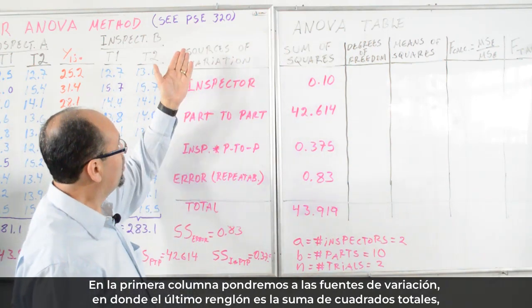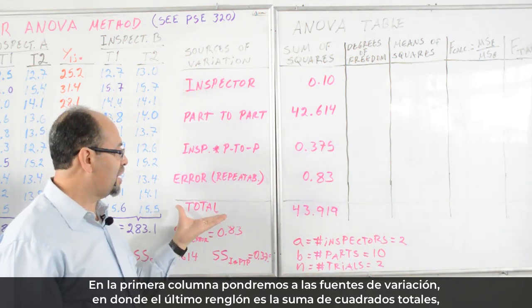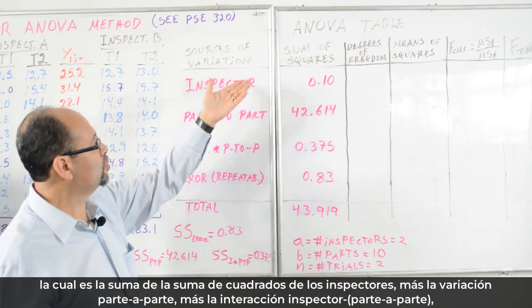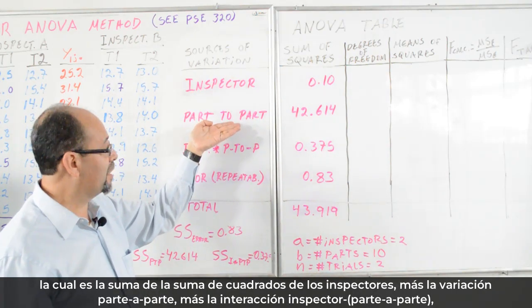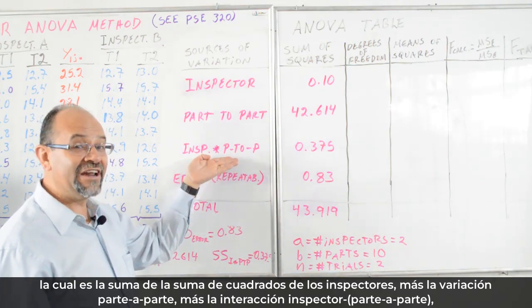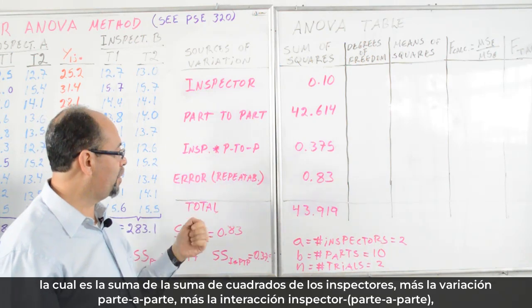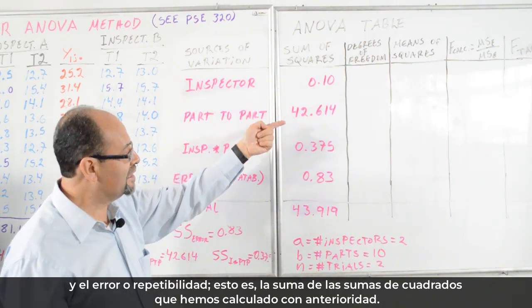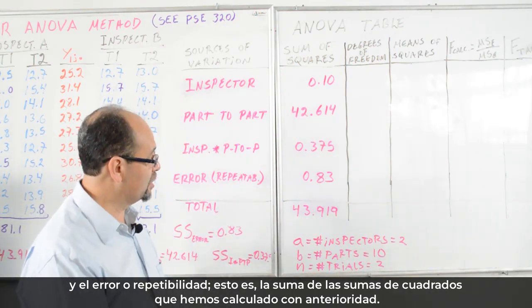For the ANOVA table, here we are having the sources of variation, which is the total variation, the result of the sum of the sum of squares of the inspector plus the part-to-part variation plus the interaction inspector times part-to-part and the error or repetibility, which is the sum of squares that we just have calculated previously.